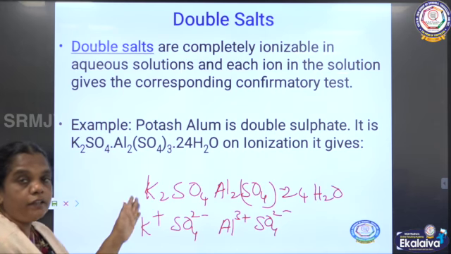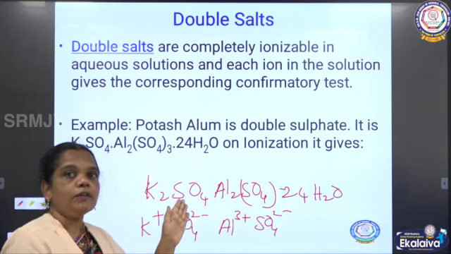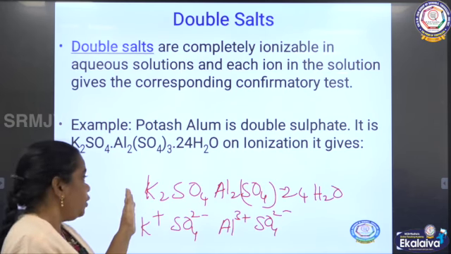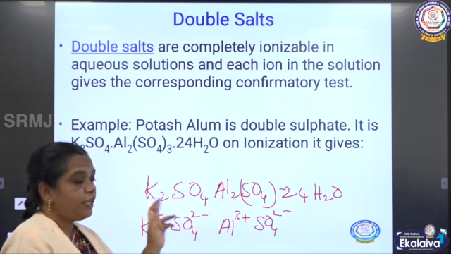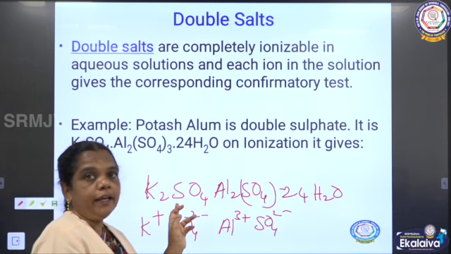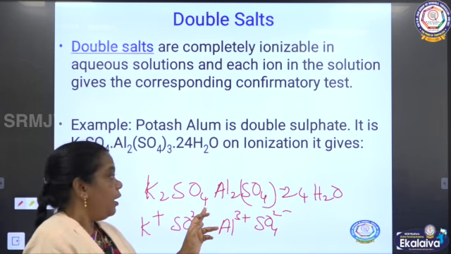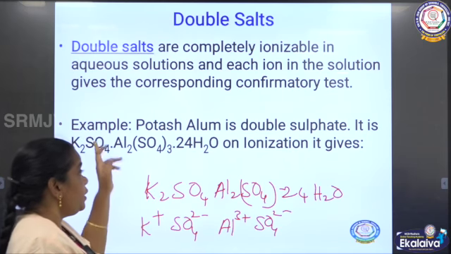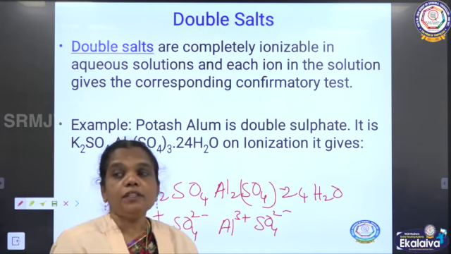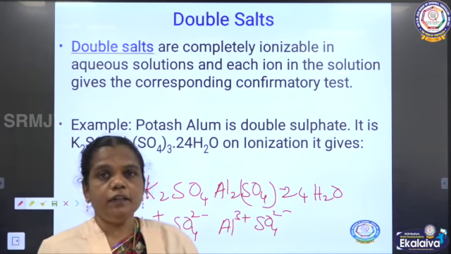So, they can dissociate into individual ions. The double salt contains two cations, aluminum as well as potassium, and the anion sulfate. This is the double salt.